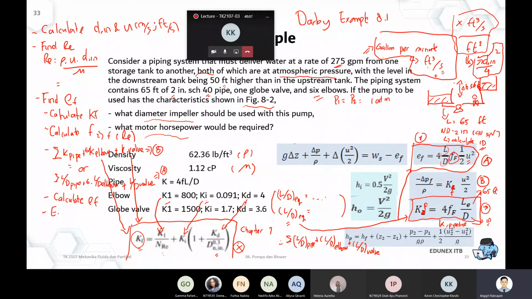Afterwards, you go to the energy equation, to calculate ideal pump work.